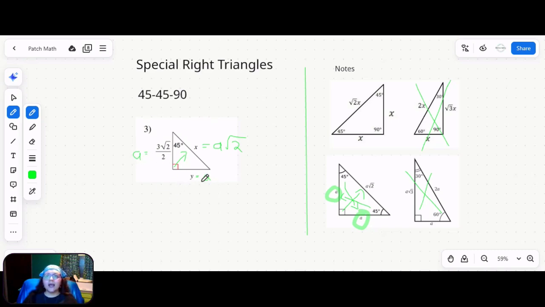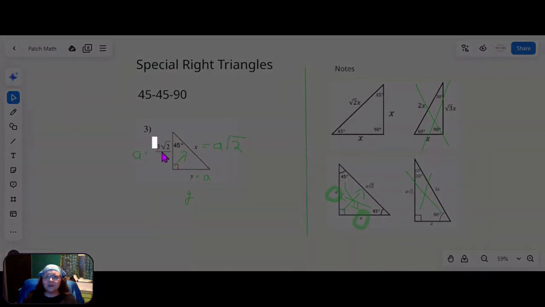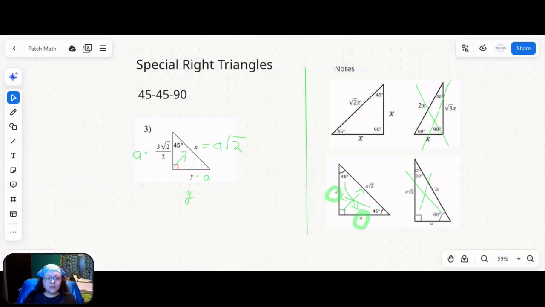Right off the bat, we can start filling things in. Because y is equal to a, y must equal 3 square roots of 2 over 2. I'm just going to copy that over to make our lives easier, and plug that same a in over here.